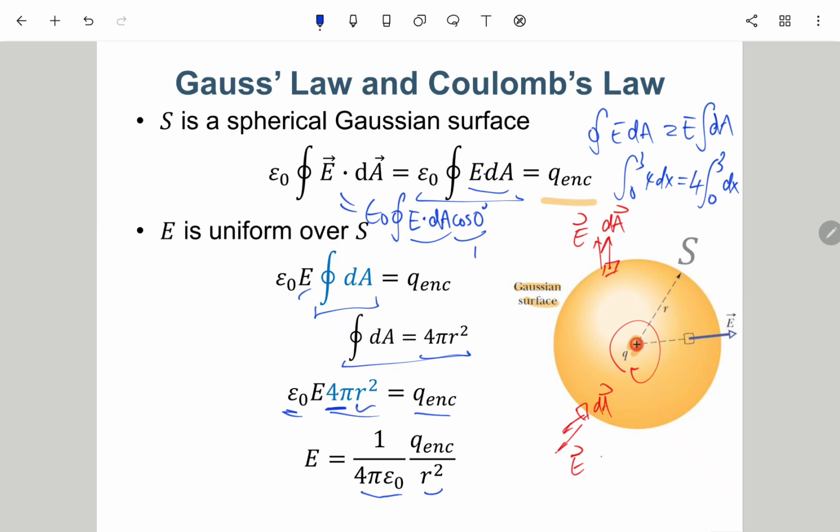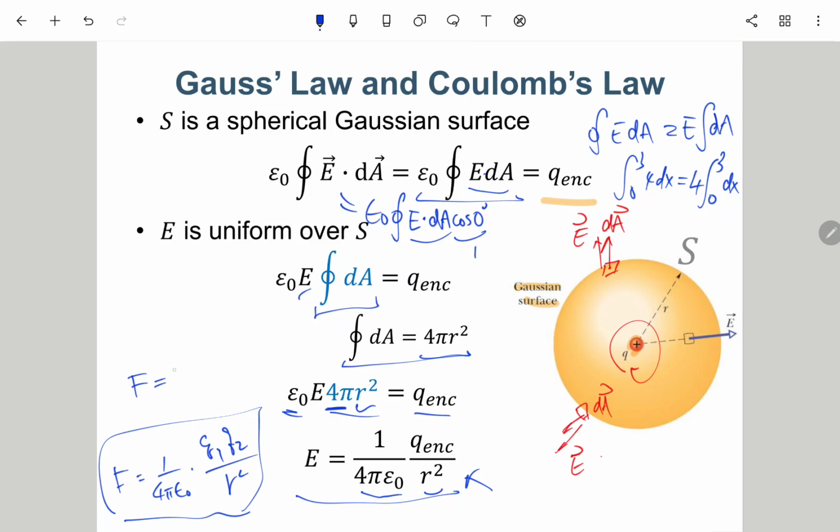This is nothing but Coulomb's force, F equals 1 over 4 pi epsilon naught Q1 Q2 over r squared. This one is based on Coulomb's force with the definition of the E field, E equals F over Q0.